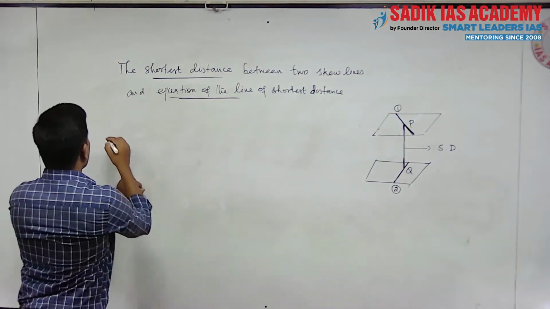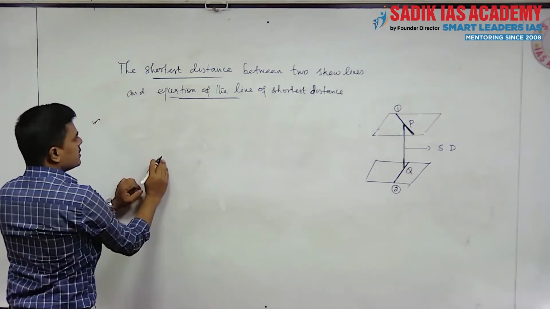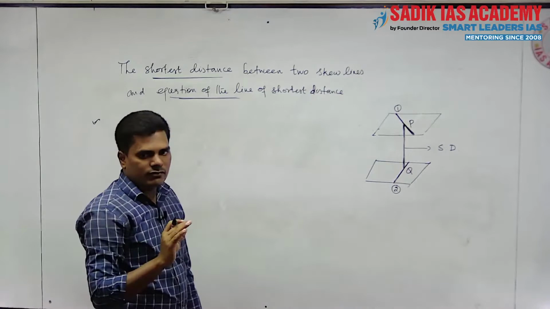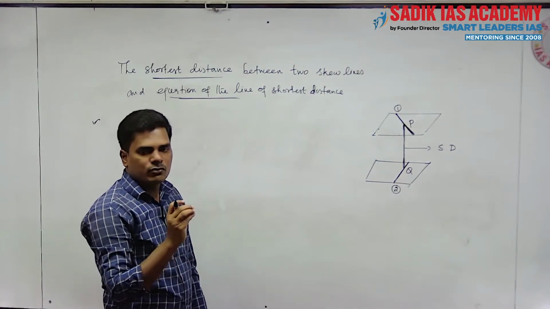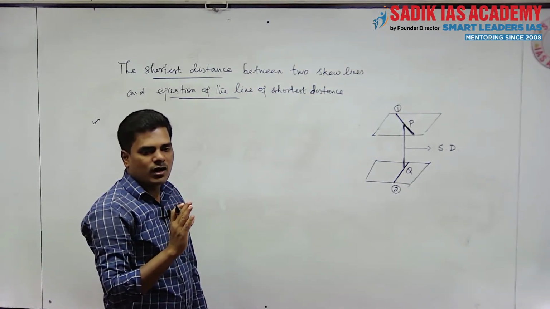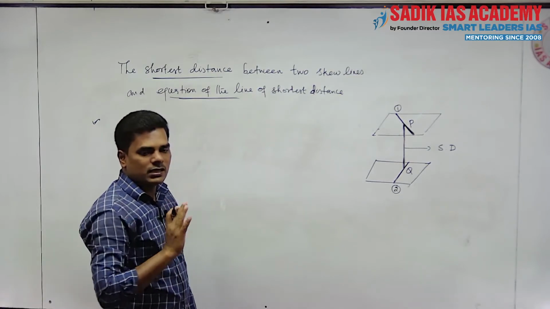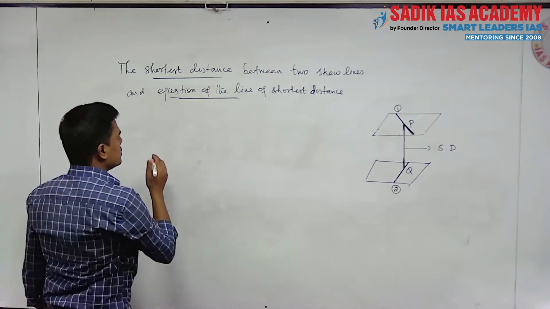In that, first we restrict ourselves to the case where the given 2 skew lines are in symmetrical form. Given 2 lines in symmetrical form, how to find the shortest distance and the equation of the line of shortest distance.